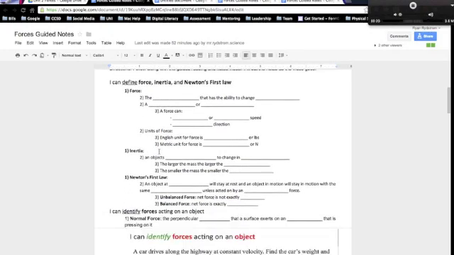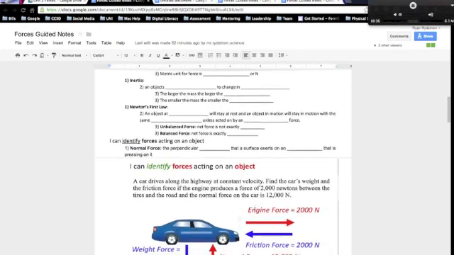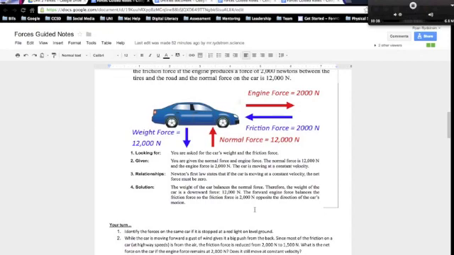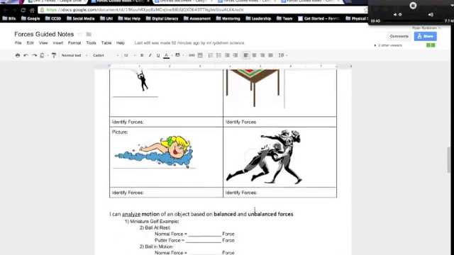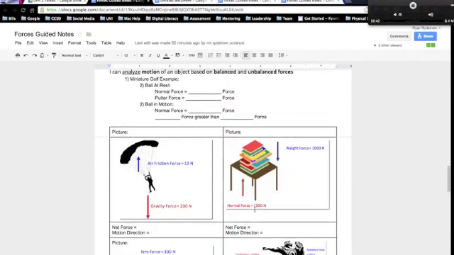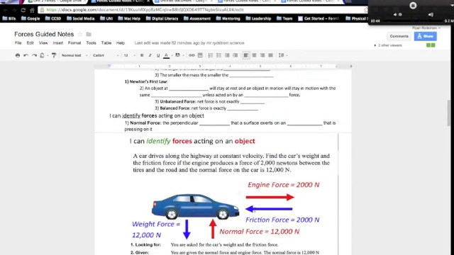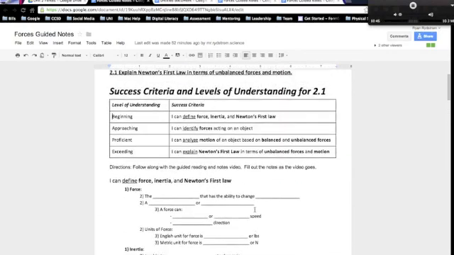So if you go through your notes and you can do this first part of these number notes and know those and tell me the definitions of force, inertia, and Newton's first law, and that's all you can do, that would be a very beginning level of understanding. And also, as you scroll down, you can see that I have done all the notes with that success criteria. So this should clearly and explicitly tell you where your level of understanding is.